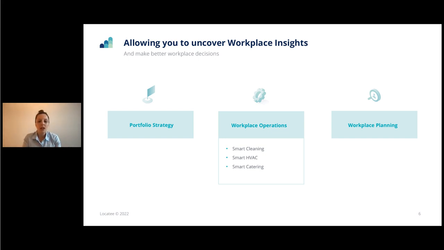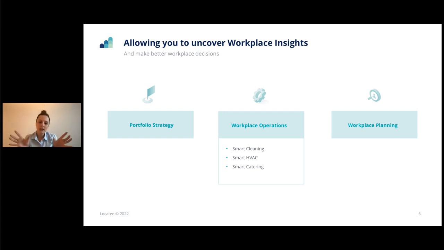We have there, for example, smart cleaning, smart HVAC, smart catering, and so on. These use cases are often leveraged through a third-party company and supporter that then makes useful insights out of our data. Additionally, we're also covering workplace planning use cases, like user behavior, understanding of mobility patterns, and so on.